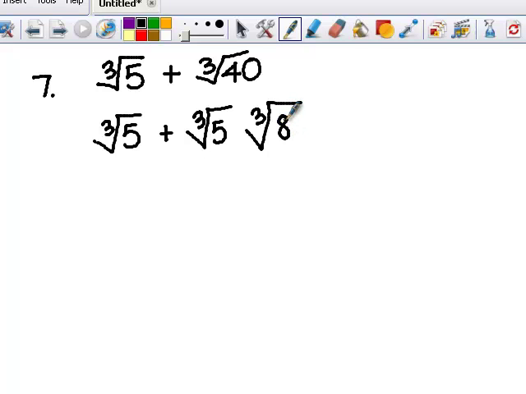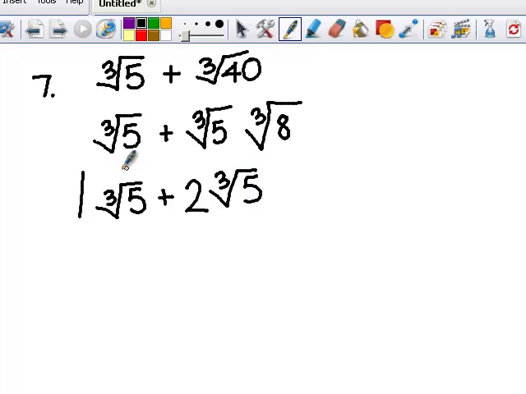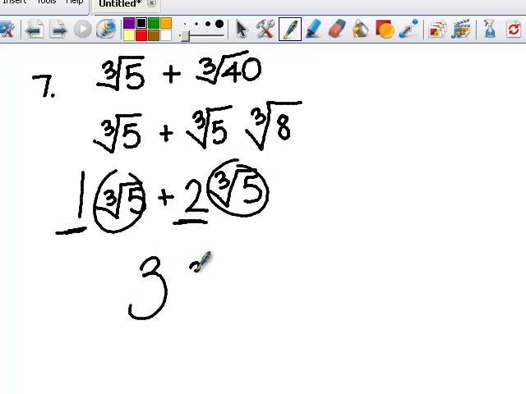So 5 and 8 make 40. Now, one of these has a cube root, and hopefully you can figure out which one. It is this one. The cube root of 8 is 2. So now we have 1 of these plus 2 of these makes 3 of these.